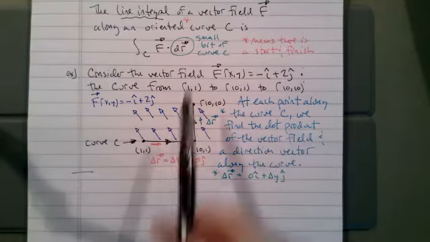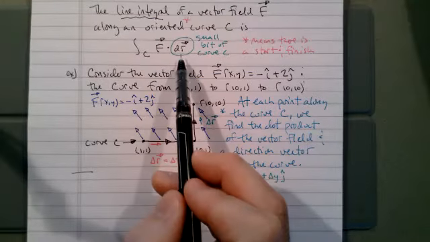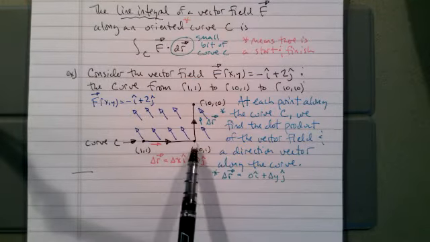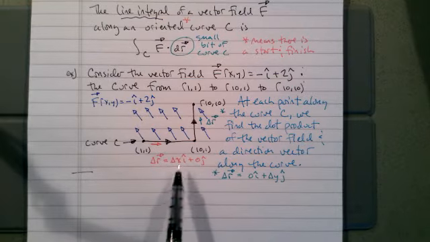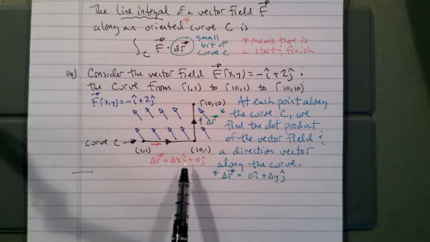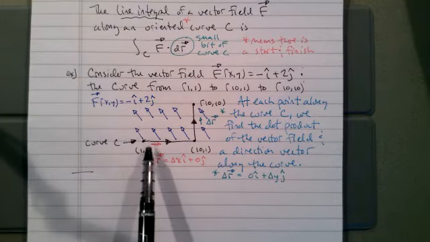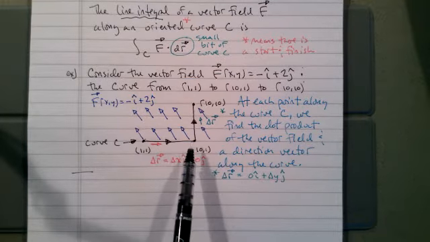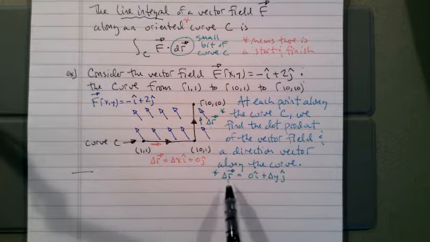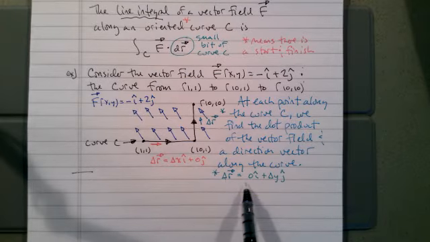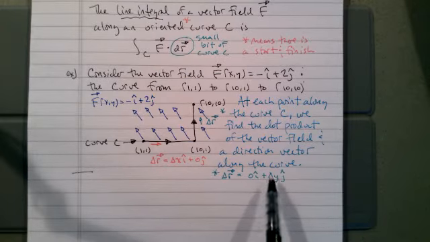The delta R, the dr that we're going to get in this first part of the curve, the horizontal part of curve C, is going to be some small change in x in the i direction, but no change in the j direction, because it's all motion along the x direction. Then after we make our turn, our delta R will be no change in the i direction plus some small change in the j direction.